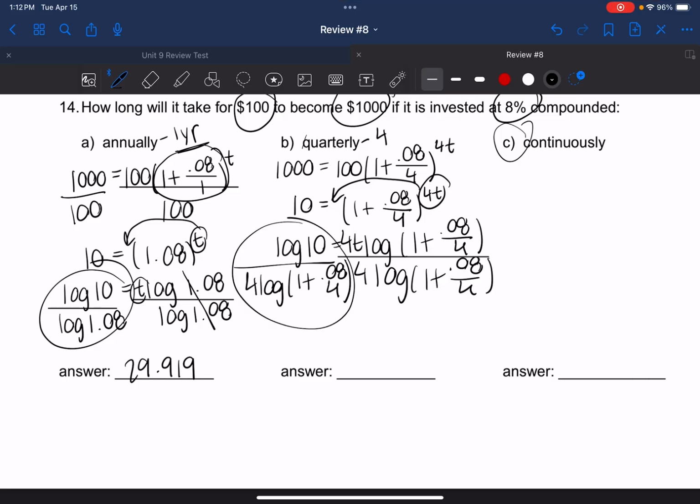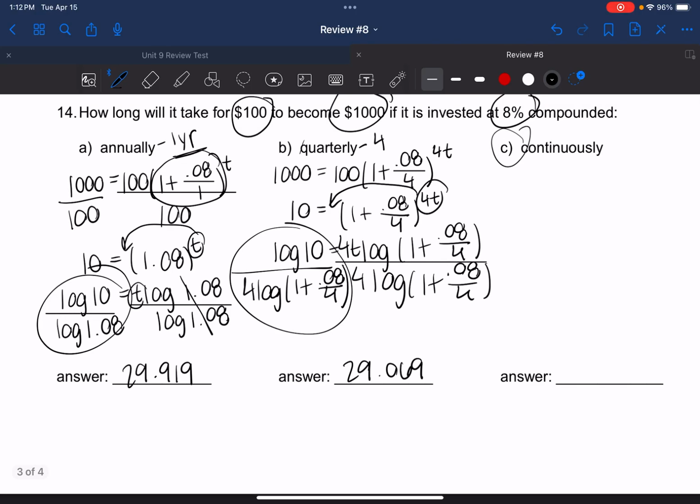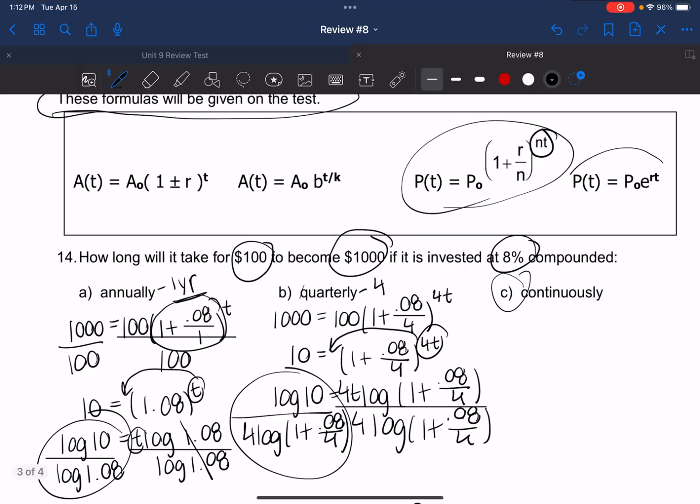So I just type that into my calculator, and I end up getting 29.069.